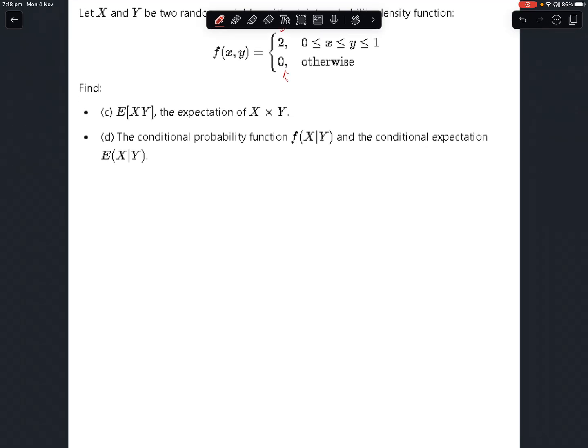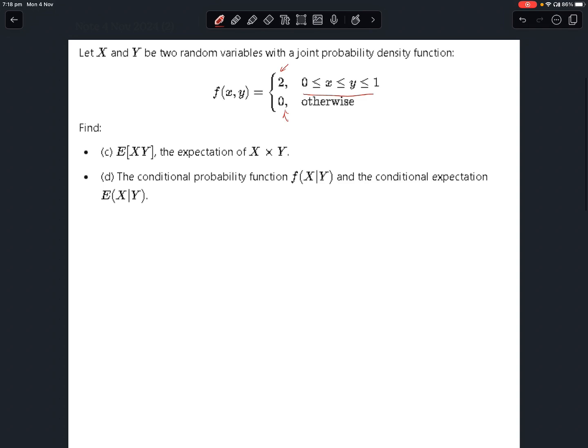Here we're talking about the value of x being between 0 and y, and the value of y being between 0 and 1. So I can draw the graph like this.